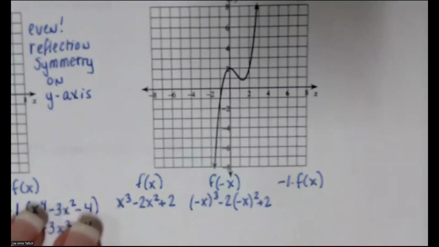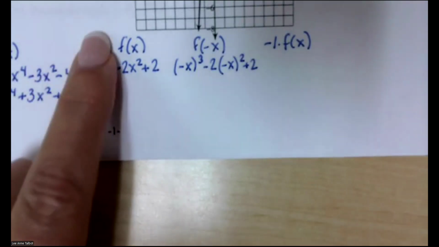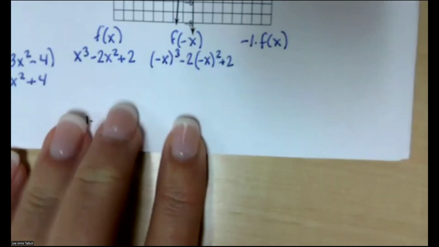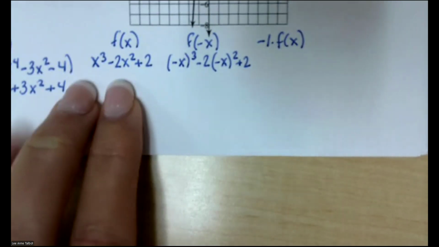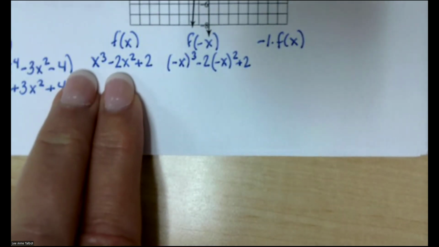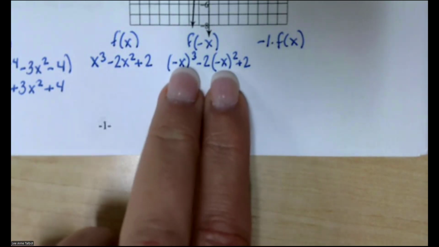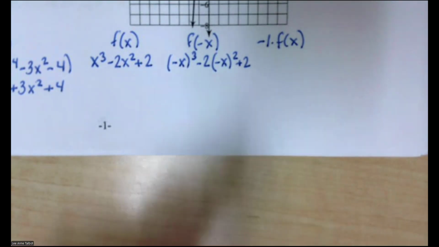Okay, so I wrote my three things. I wrote the original, and then I replaced the two x's in my original with negative x's with parentheses.